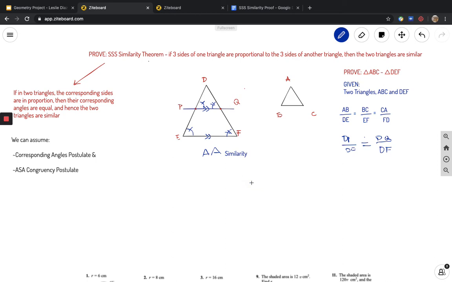All right. So moving on, we know that DP over DE is going to be equal to PQ over EF.